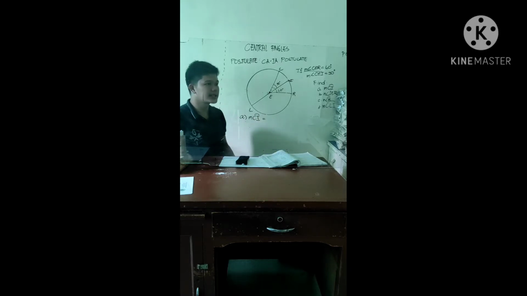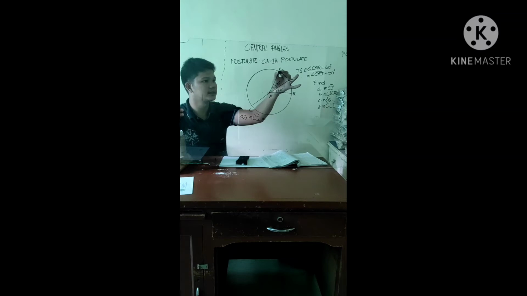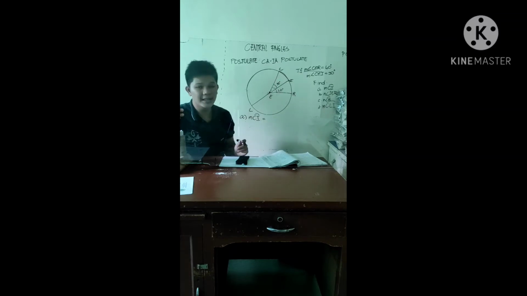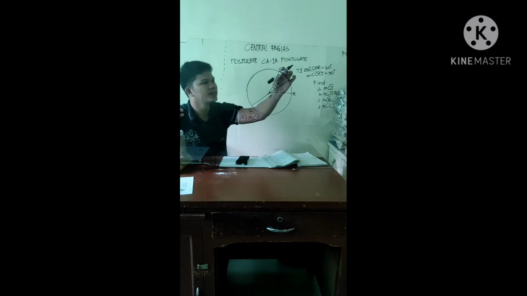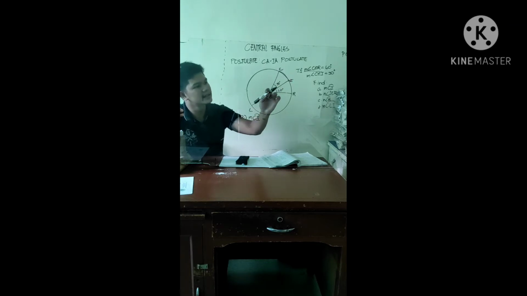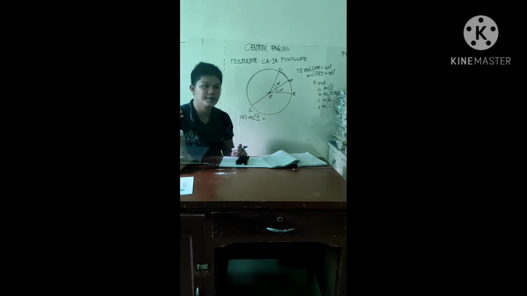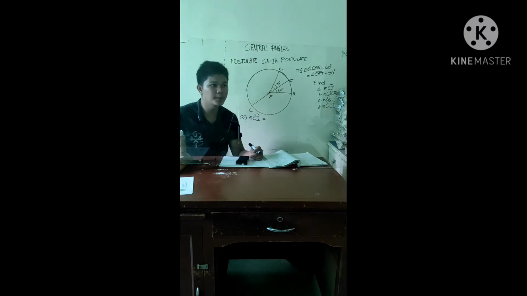So, si measure of arc CI, siya yung intercepted arc ni angle CEI. Okay? So, base sa central angle intercepted arc postulate, kung ano yung angle mo or measurement ng iyong angle, yan din yung measurement ng iyong intercepted arc.